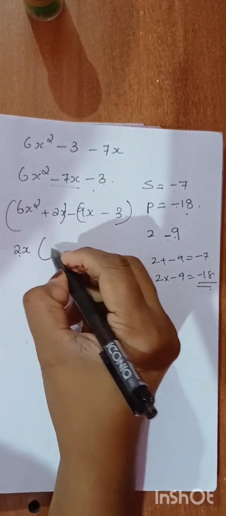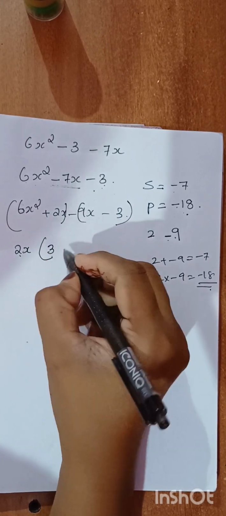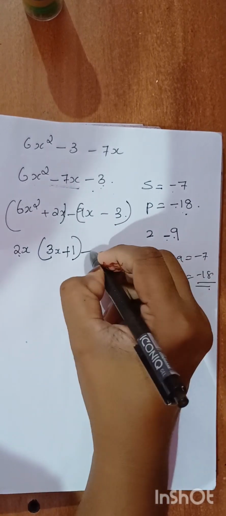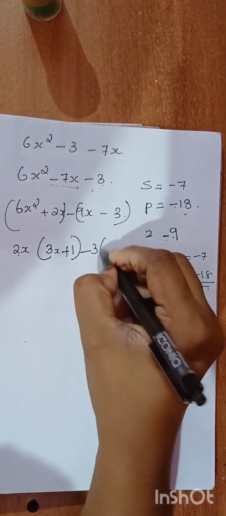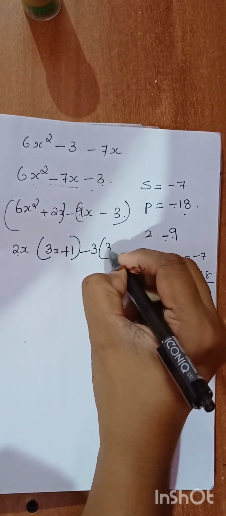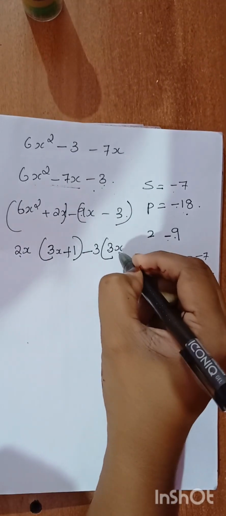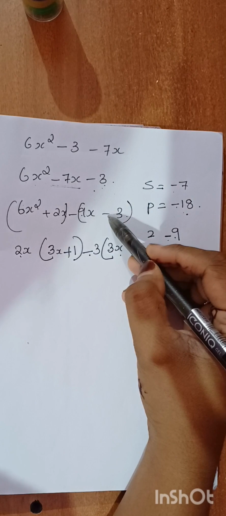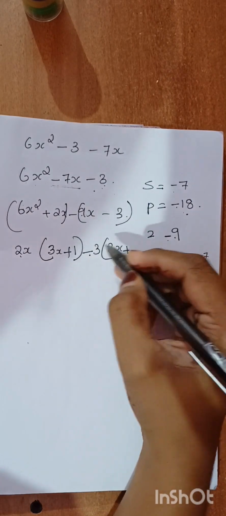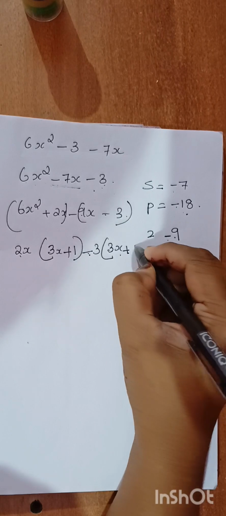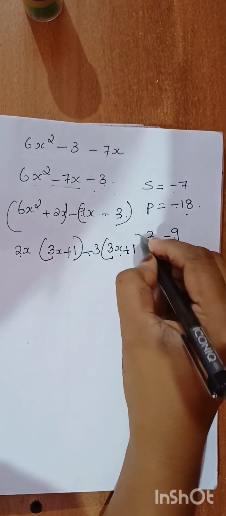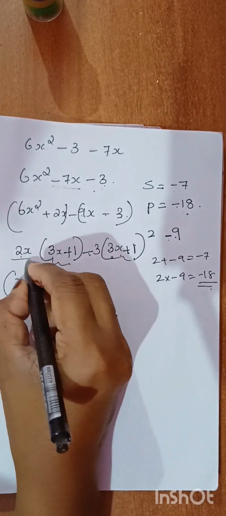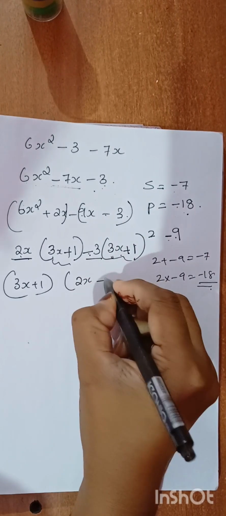The balance: 2 into 3 is 6, so write 3 here, and 1x is also needed, so 3x plus 1. Taking 2x outside, from minus 9x minus 3, the common factor is 3. 3 into 3x is 9x, and 3 into 1 is 3. Since we have already taken the negative outside, you write positive here, so that negative into positive becomes negative. The brackets are the same, 3x plus 1, into the balance 2x minus 3.